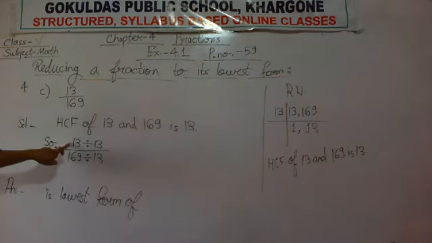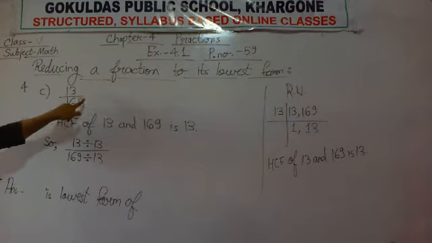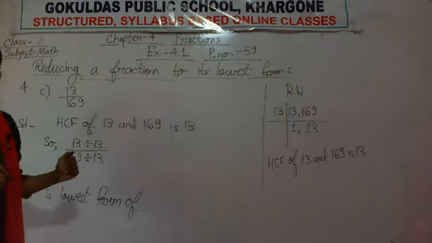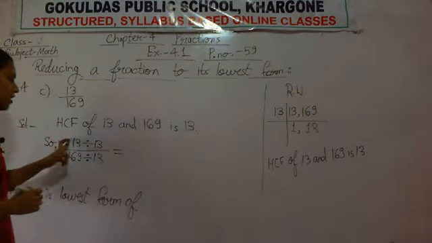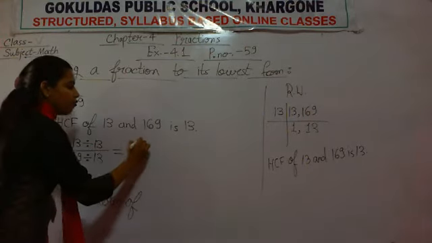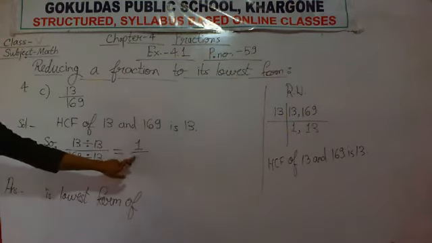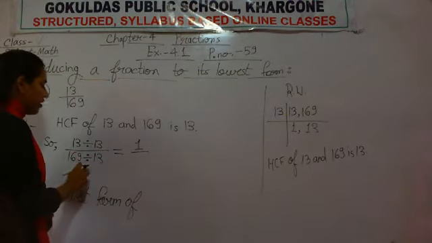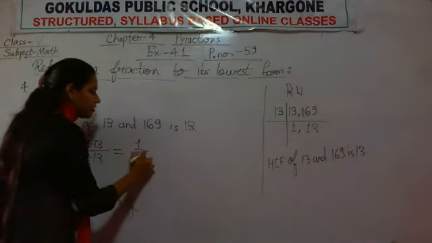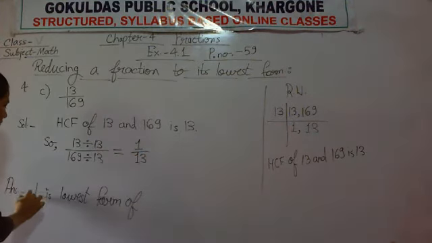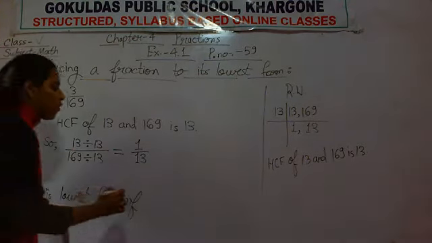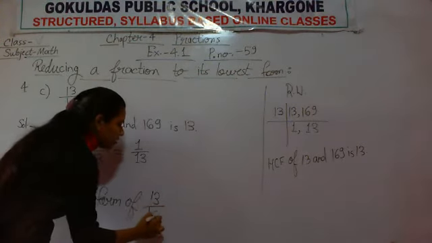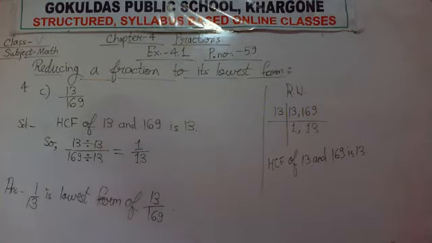A number divided by itself gives us 1 as result. So 1 upon 169 divided by 13, which is 13. Therefore we conclude that 1 upon 13 is the lowest form of 13 upon 169.